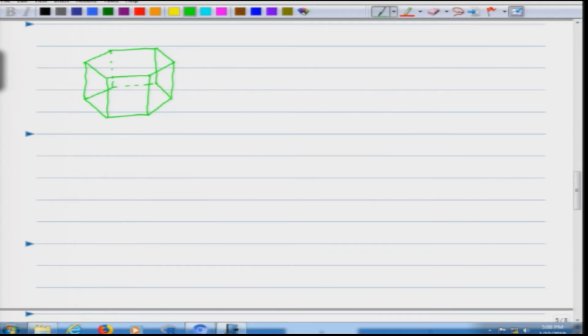So, again this is our HCP system, and where is the pyramidal plane? So, okay, let me write the name, pyramidal. Again there are more than one type of pyramidal plane, as we will see. So, this is the first one, let me draw.